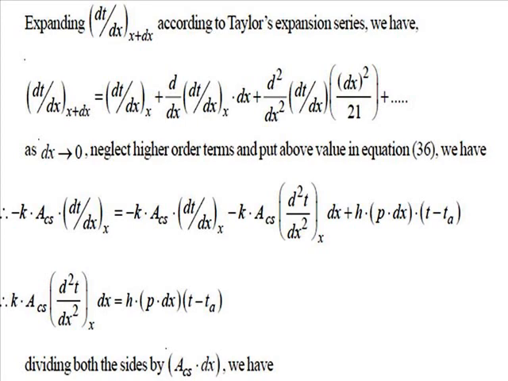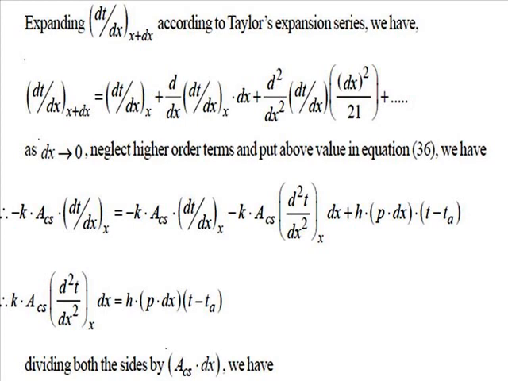So from both sides, minus kA dT/dx at distance x is common and that will cancel out. So we will get kA d²T/dx² at distance x into dx equals h into P dx into (T minus Ta).